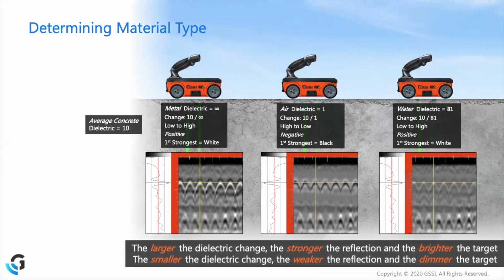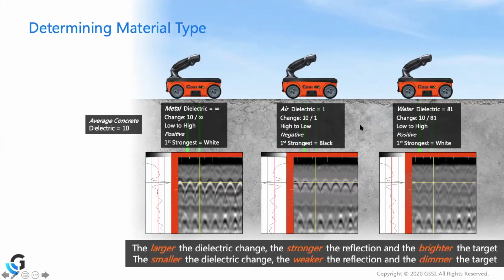So the larger the dielectric change, the stronger the reflection, and the brighter that image is going to be produced at. Okay, so the brighter that target will appear. If it's a smaller change with a weaker reflection, the target will be much dimmer.